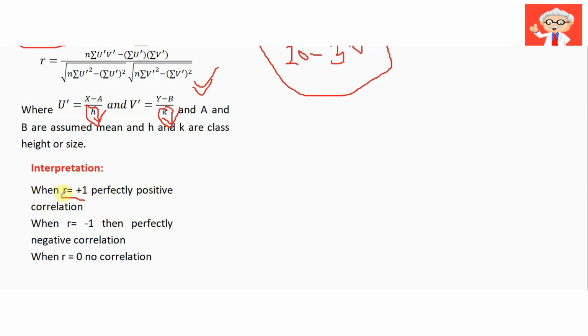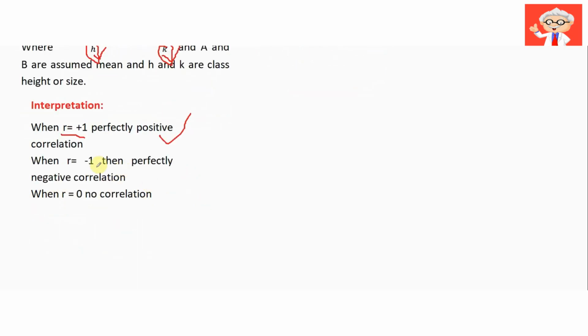So when r equals plus 1, there is perfectly positive correlation. But when r equals minus 1, then perfectly negative correlation. But if r equals 0, it means no correlation. If the value of the correlation coefficient r equals 0, then there will be no correlation between any two variables, say x and y.